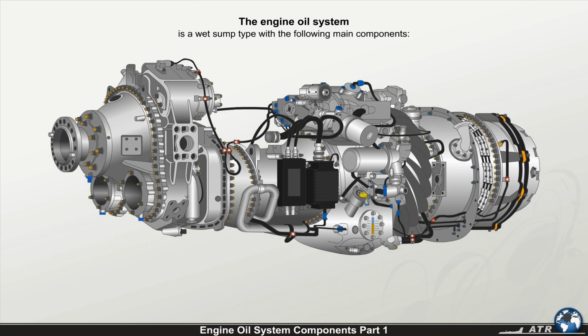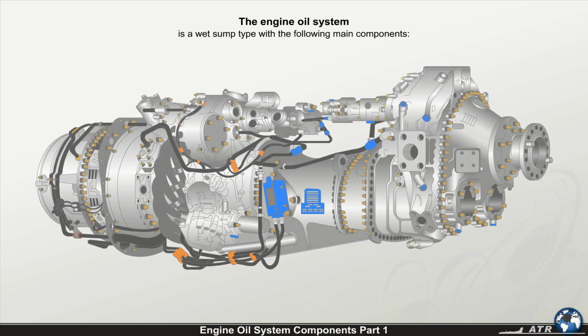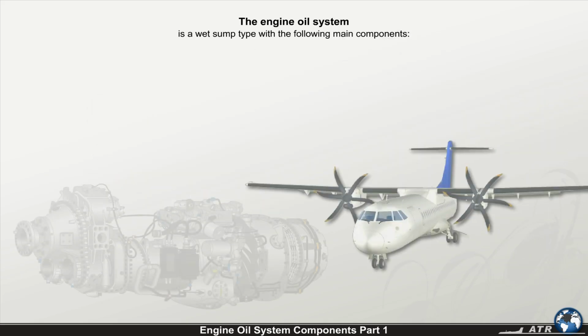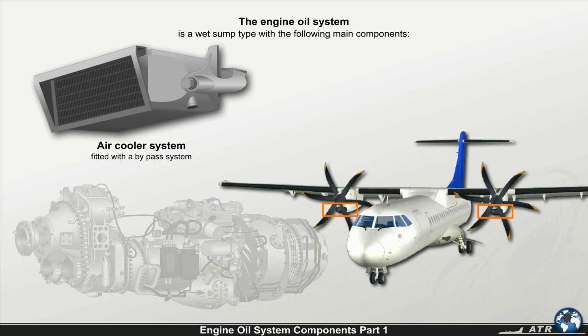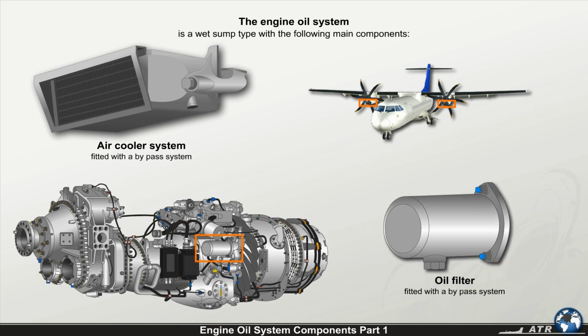It is a wet sump type with the following main components: an integral oil tank within the rear inlet case, an oil filler neck with cap for refilling of the oil system, a sight glass or dipstick to visually check the oil level within the tank, a gear pump driven by the turbo machinery gearbox, an air cooler system mounted in the engine nacelle, and an oil filter, both fitted with a bypass system.